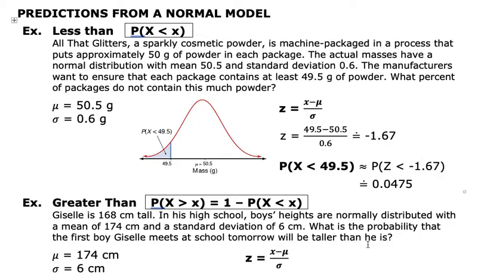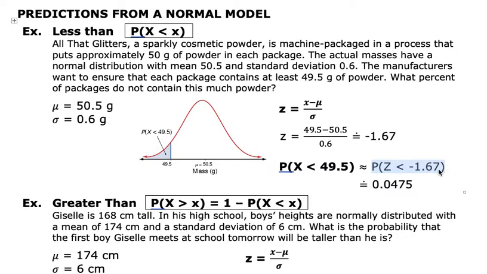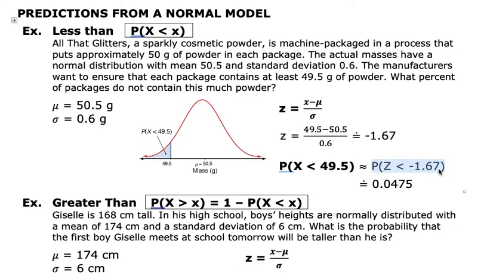So the z-score table is the curve, the standard normal curve, which has the mean as 0 and the standard deviation as 1. So this is an approximation using that curve. And this is similar to the area underneath that curve when the z-score is negative 1.67. So the area underneath the curve to the left of negative 1.67 using this curve. So we'll have to use the z-score table in order to accomplish that.